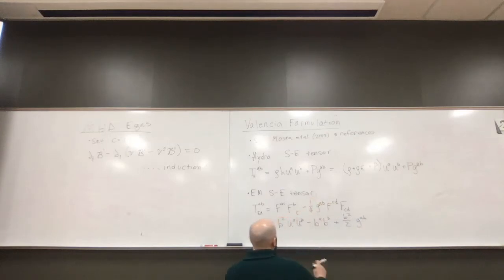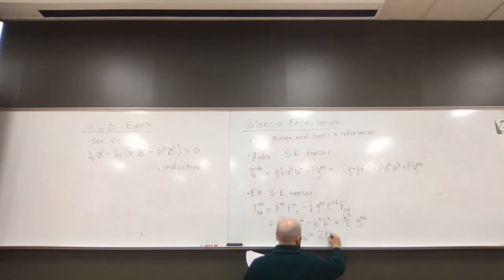So again, in MHD, electric field drops out, everything depends on the magnetic field. Here I've written my rescaled magnetic field. And of course, b squared is just b^A, inner product with itself, which we're going to define to be 2 times P_M, the magnetic pressure.